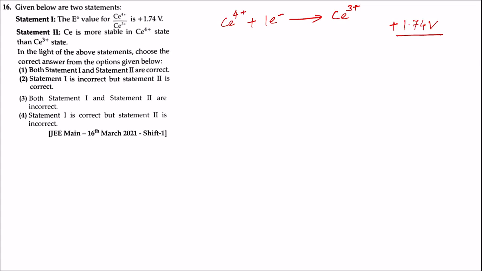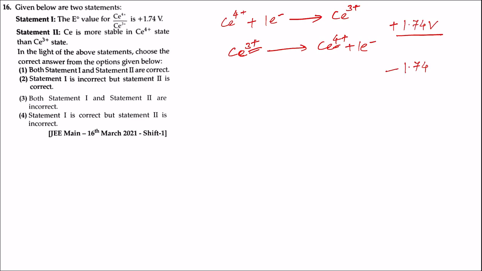And for the reverse reaction, that is cerium 3+ ion losing electron and changing into cerium 4+ ion, the electrode potential value will be minus 1.74, which means that the tendency of cerium to lose electron and change from +3 oxidation state to +4 oxidation state is very less as compared to its tendency to accept electron and change from +4 oxidation state to +3 oxidation state.